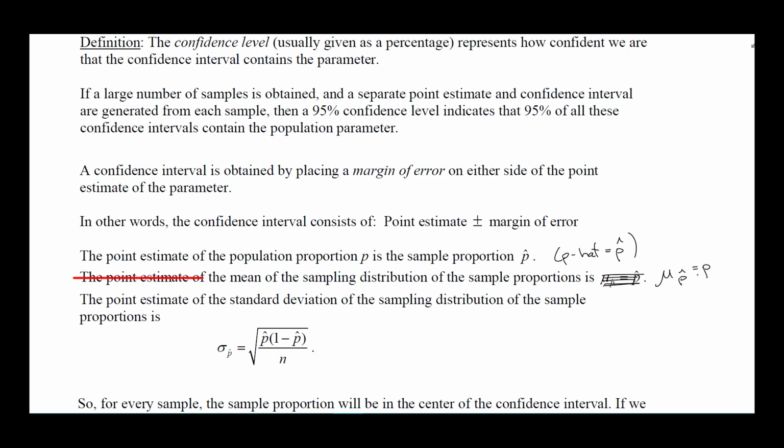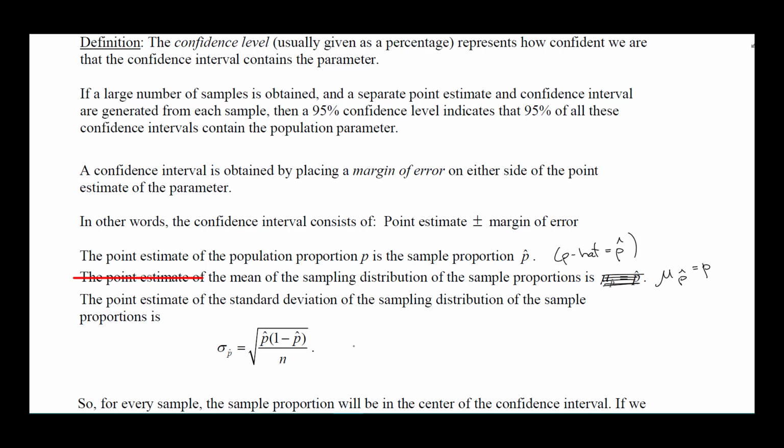Sorry about that. Okay, and then what we're going to need to do is estimate the standard deviation of the sampling distribution. So if we actually had a large number of samples of the same size, and we could calculate their mean, we should get p for the mean. And if we were going to calculate the standard deviation, we would do p times 1 minus p, divide it by n, and take the square root.